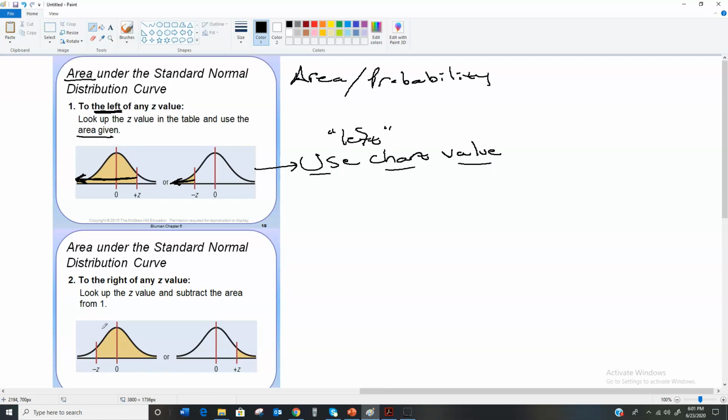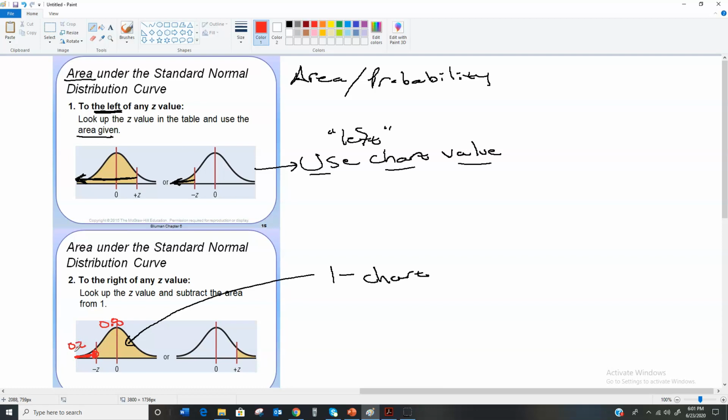If they want something above, since the chart gives us below, you have to take 1 minus whatever you get on the chart. And that's because, remember, the chart gives below. So the chart is going to give you this red part. If the chart says this red part is 0.2, well, we want this gold part because we want from a certain value upward, so that would mean this was 0.8.